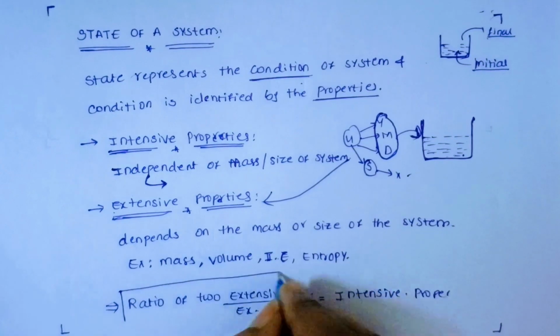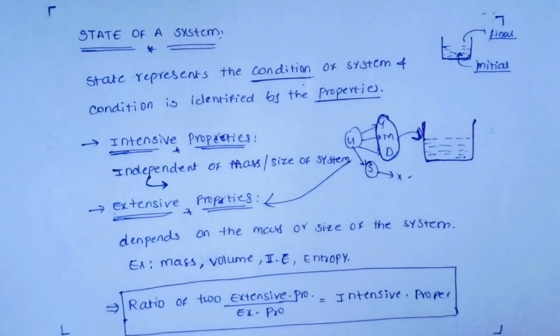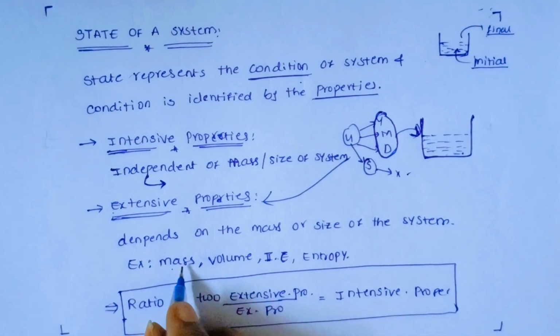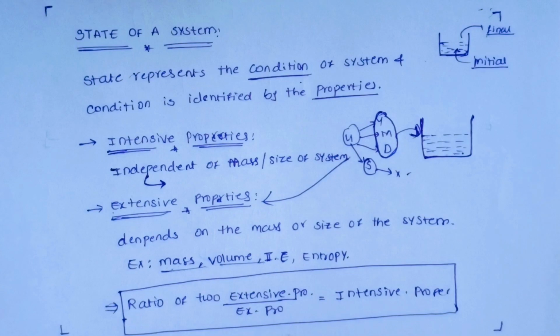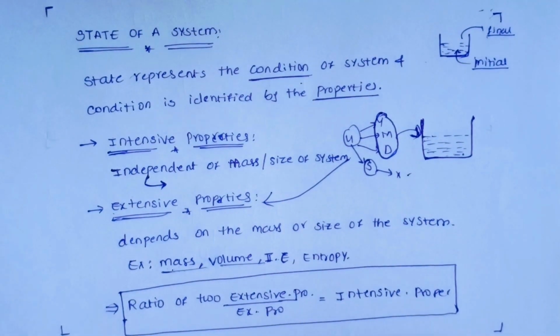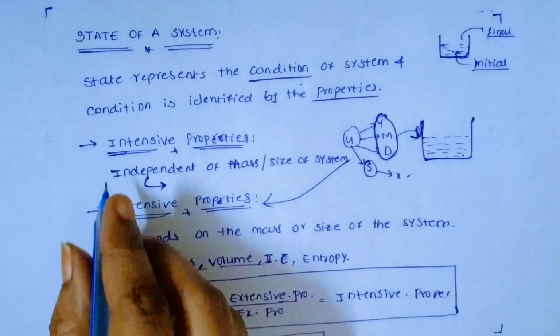I will tell you from a mathematical viewpoint. If you take mass and volume, which are extensive properties, mass by volume is nothing but density. So density comes under intensive property.